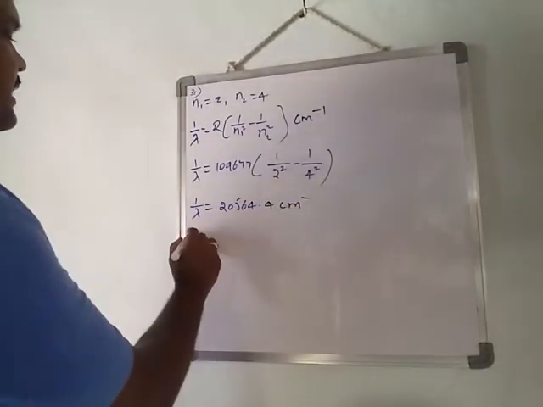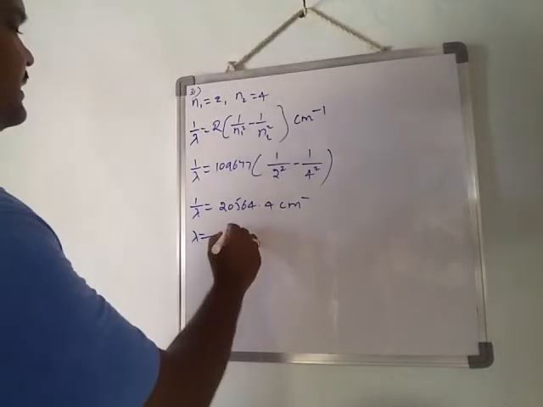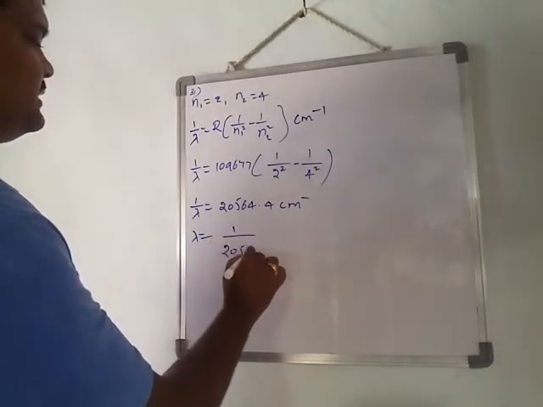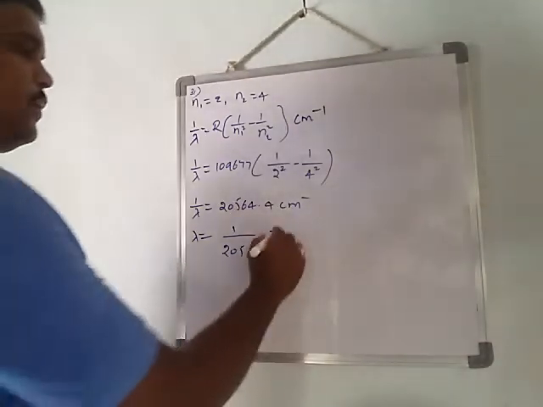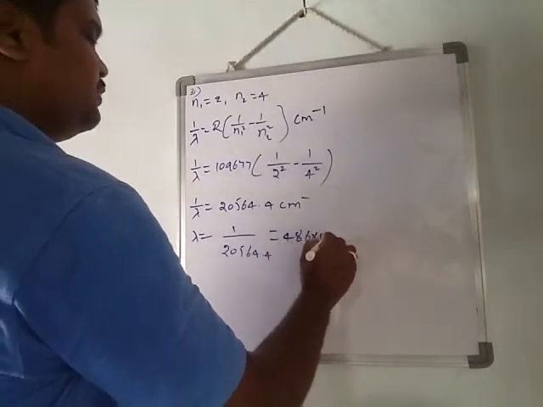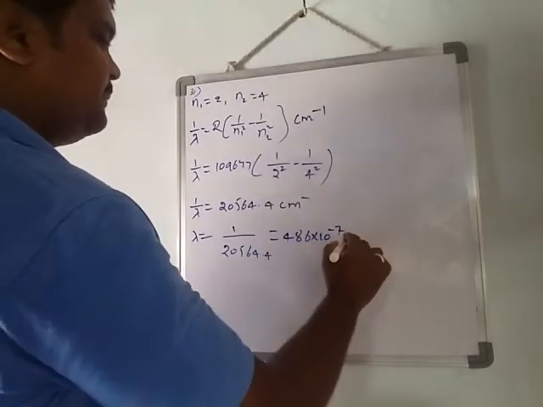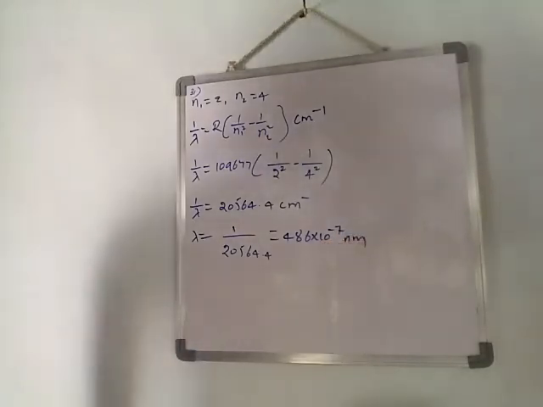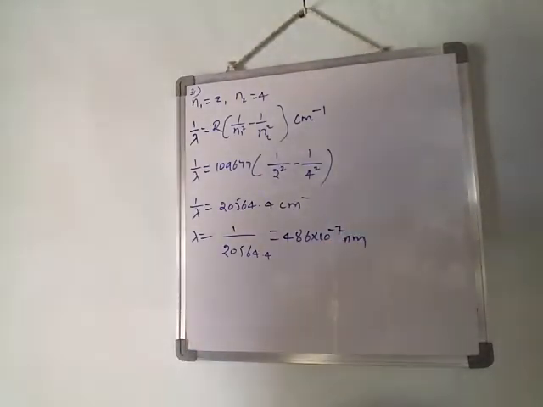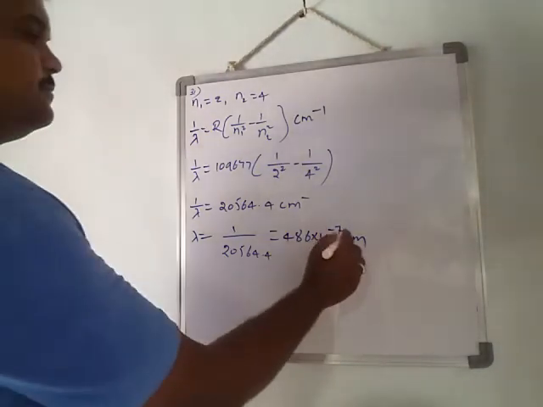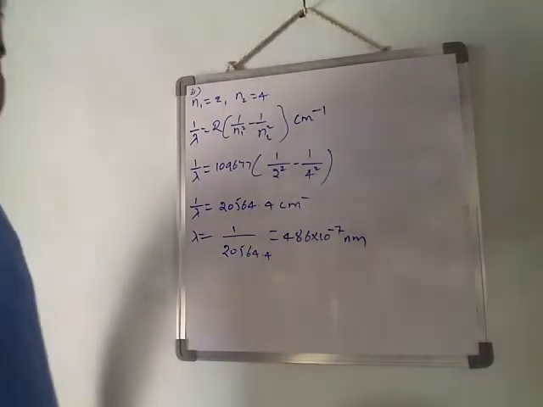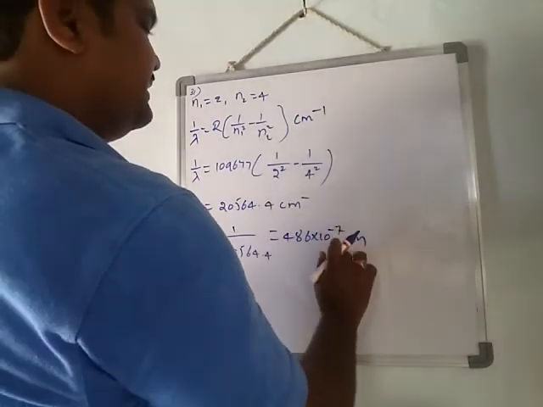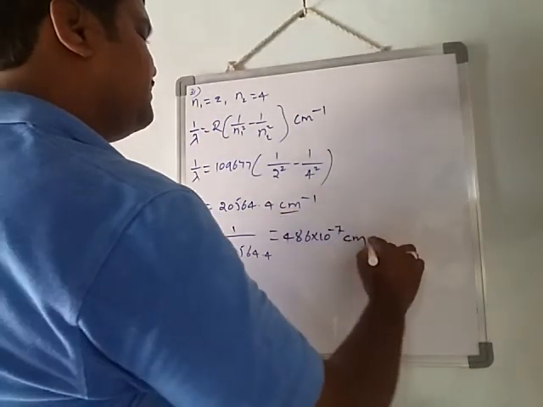Then now lambda is equal to 1 by 20564.4, that is nearly equal to 486 into 10 to the power of minus 7 centimeters. This is the centimeter inverse, so it will become centimeter.